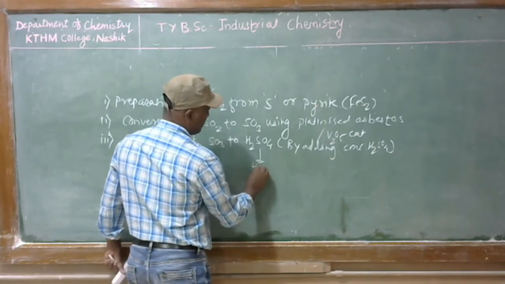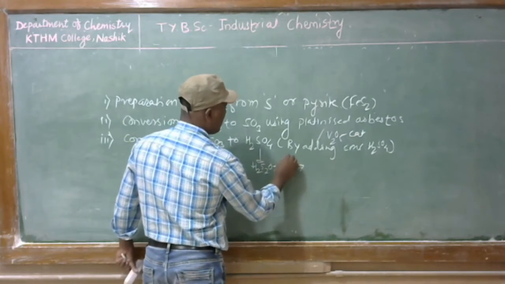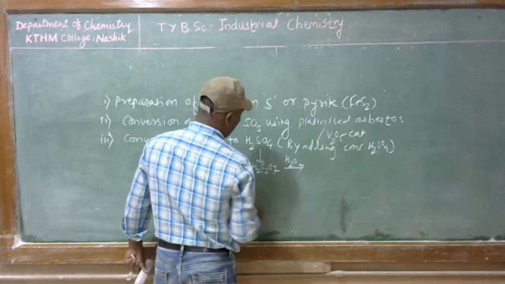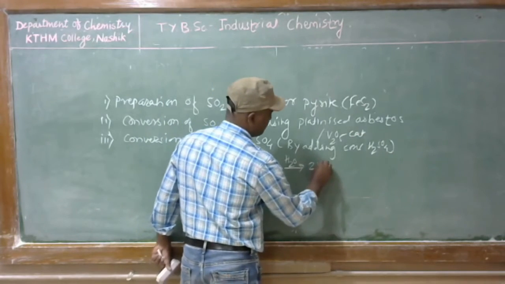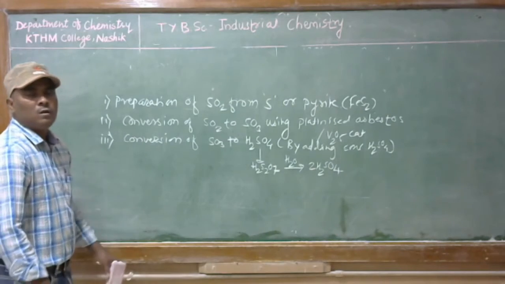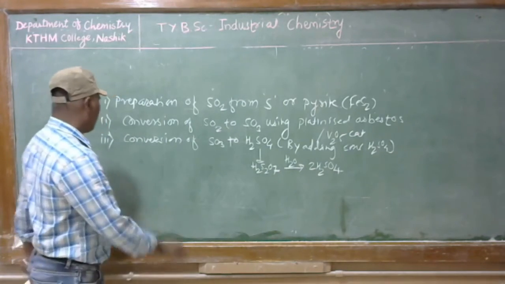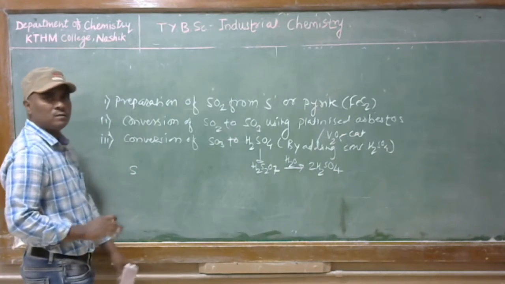It gives H2S2O7. Further, on reaction with H2O, it gives H2SO4. So basically these three main steps are involved in the contact process.